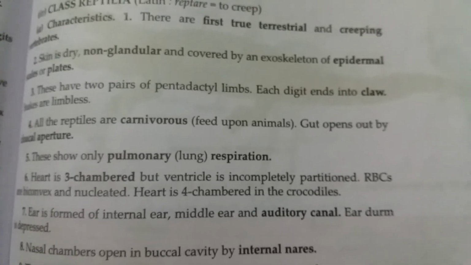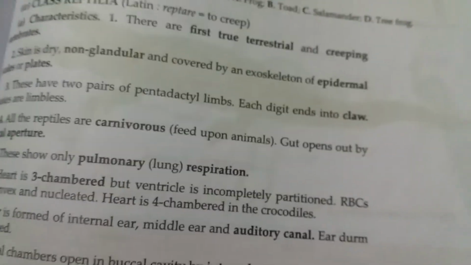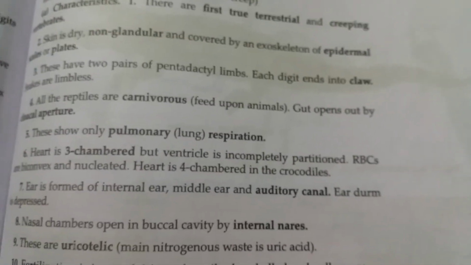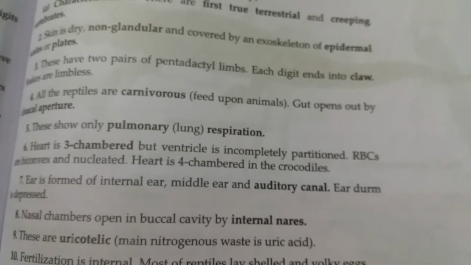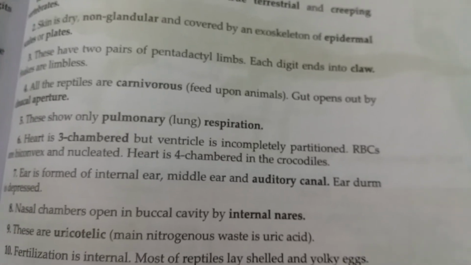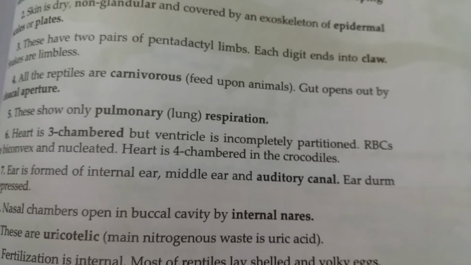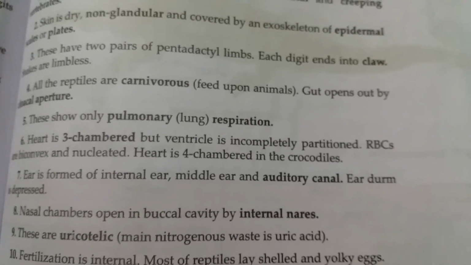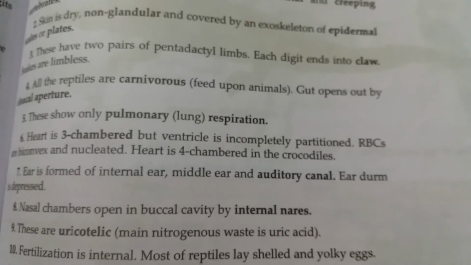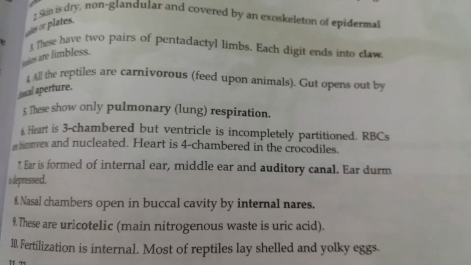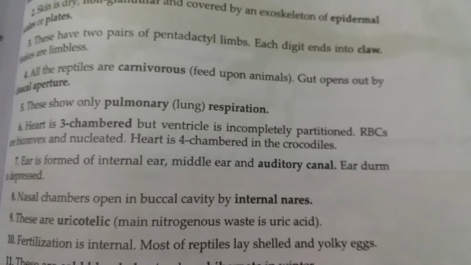Pentadactyl limbs are also present, but two in number, two pairs. All the reptiles are carnivorous, means they feed upon animals. Gut opens out by cloacal aperture, means a small hole is present like cloaca.